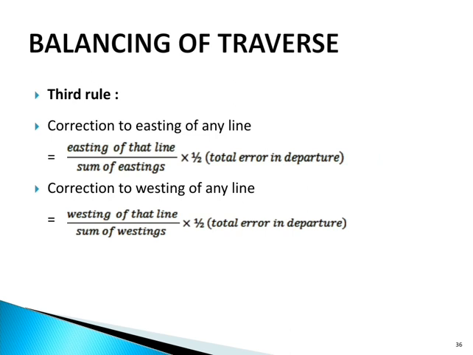Next, correction to easting of any line is given by the easting of that line divided by the sum of eastings, into 1/2 the total error in departure. And correction to westing of any line is given by the westing of that line divided by the sum of westings, into 1/2 the total error in departure. So I hope you have noted down all the equations. It is very important, so note down each and every equation.